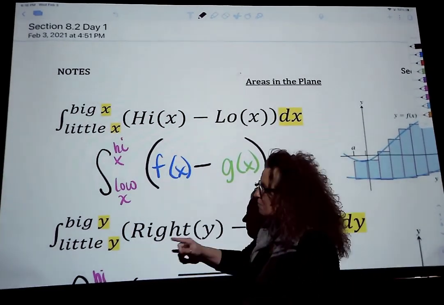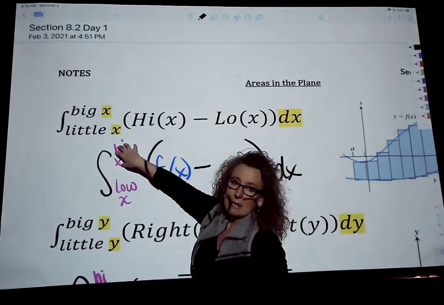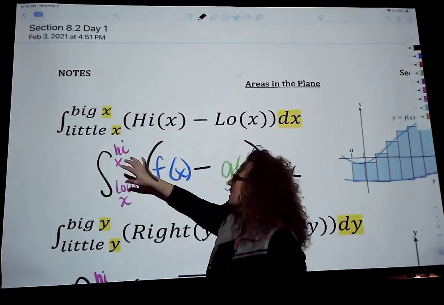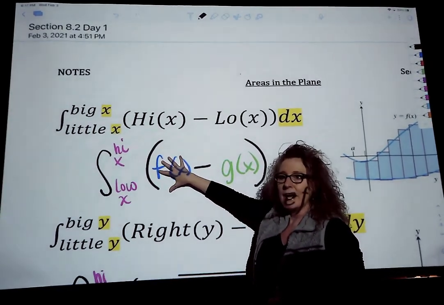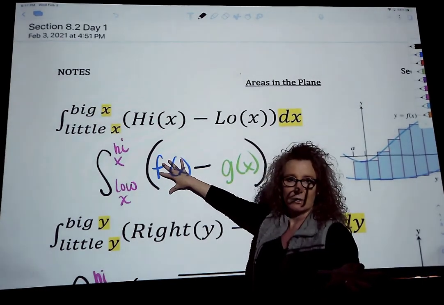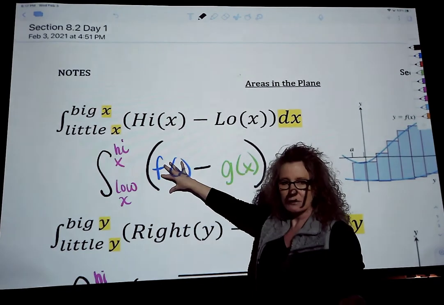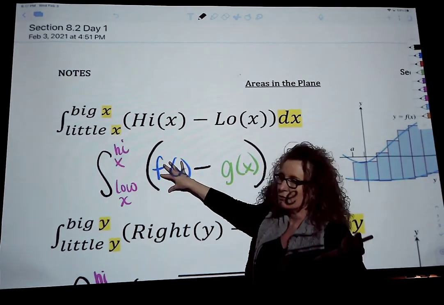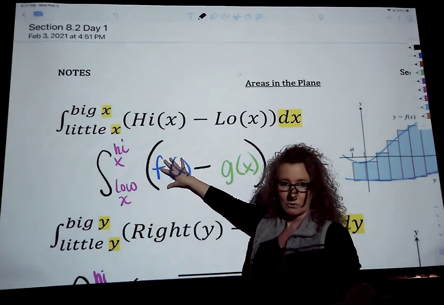Okay, so this is going to be an x value. Your function, what you write right here, is a representation of y values. How do you represent y values? With a function in terms of x. For example, this could be like a parabola, x squared plus 4x plus 7.